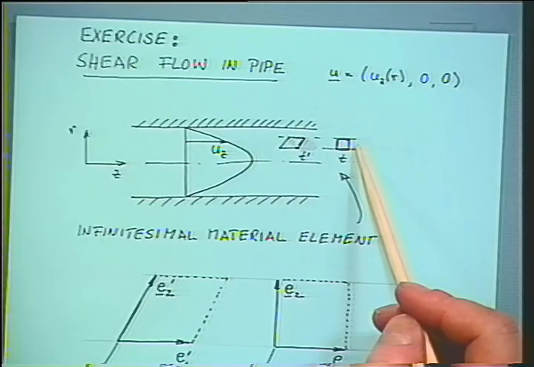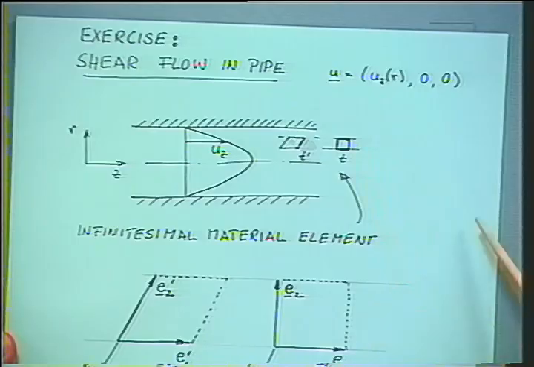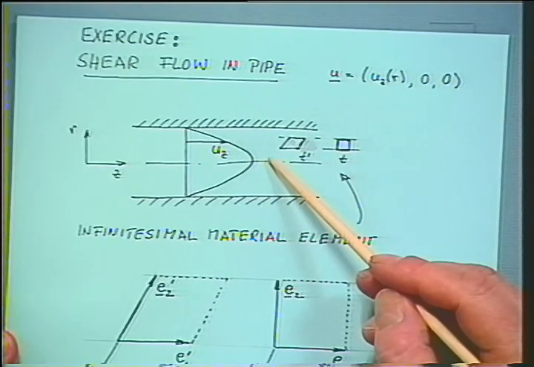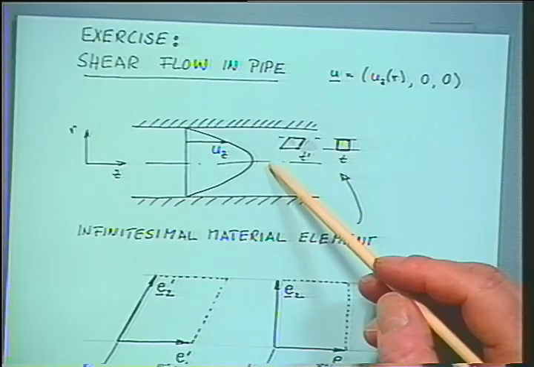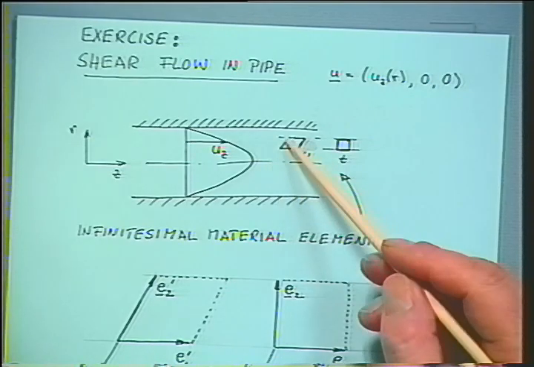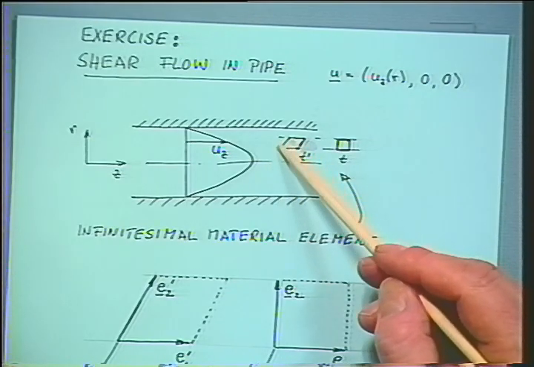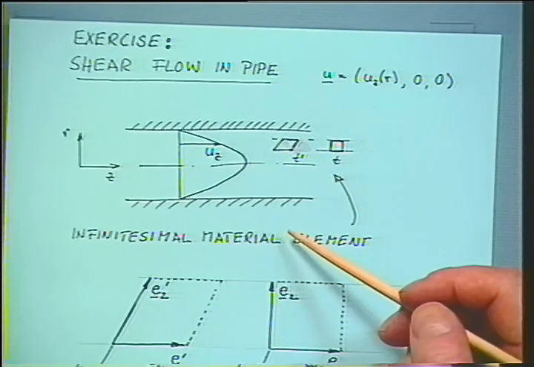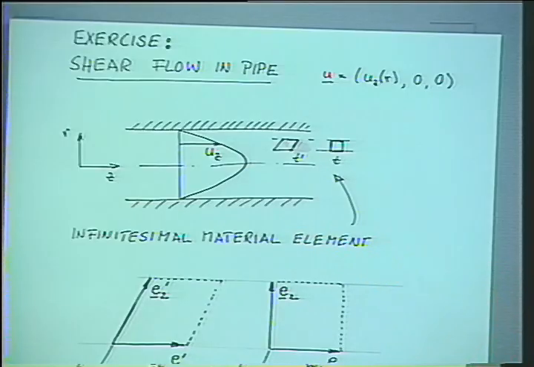So let's focus on that point for a moment. The velocity gradient is giving us the shear rate, or in other words, the angle change per time of this material element is given by the local velocity gradient.